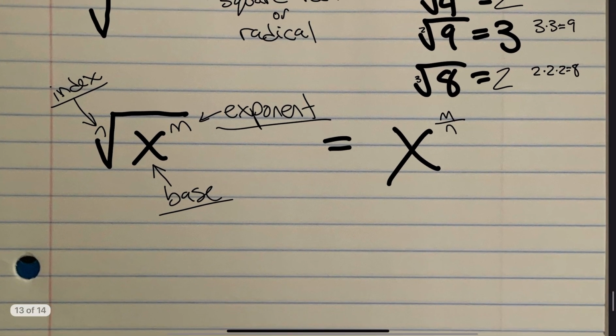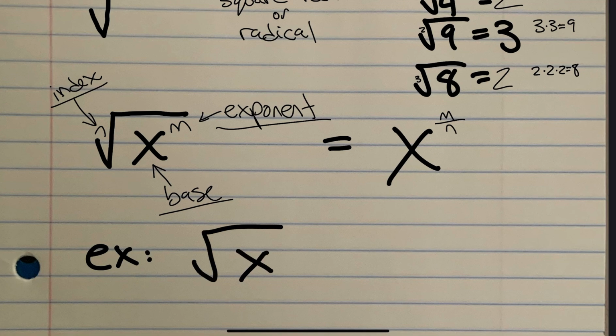Okay, so let's do an example really quick. Let's do x, and we'll make the index 3 and the exponent 5. Okay, I know I'm going to start it with my x. That's going to be the same. Our base is going to stay the same. Okay, next we need an m. That was our exponent. Our exponent here is 5.